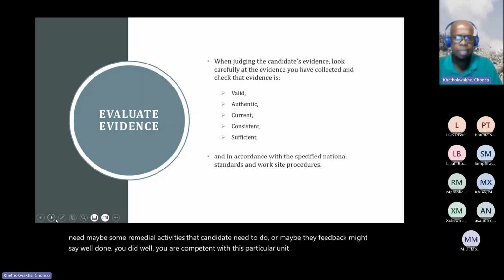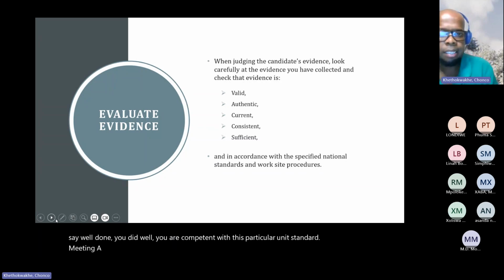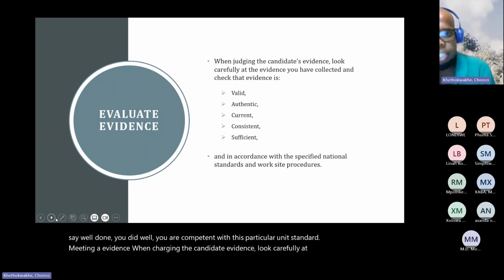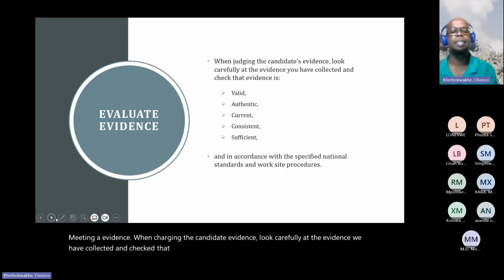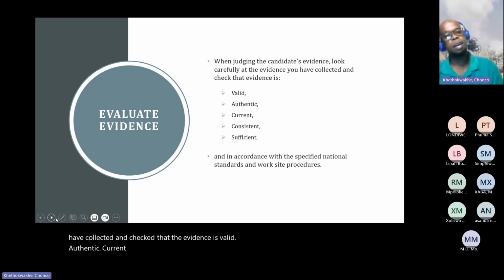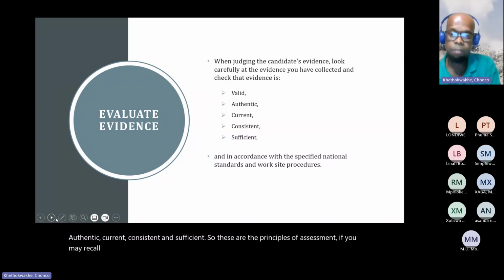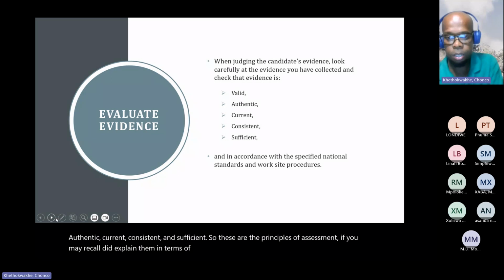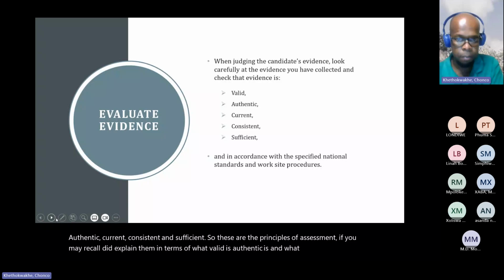So when evaluating evidence, when judging the candidate's evidence, look carefully at the evidence you have collected and check that the evidence is valid, authentic, current, consistent, and sufficient. So these are the principles of assessment. If you may recall, we did explain them in terms of what valid is, what authentic is, and what current, consistent, and sufficient are.